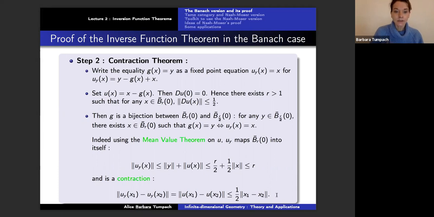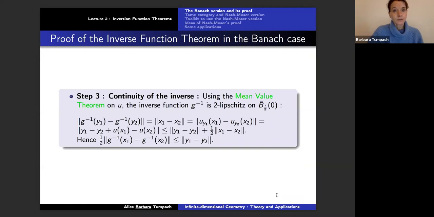Okay, so now we have this bijection, and this gives us this inverse map. We have to show also that this inverse map is continuous. In fact, it is Lipschitz with constant 2. This is only a triangular inequality, so I will be a bit faster here.